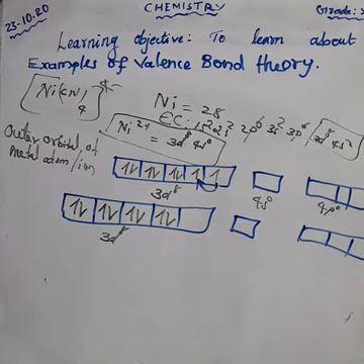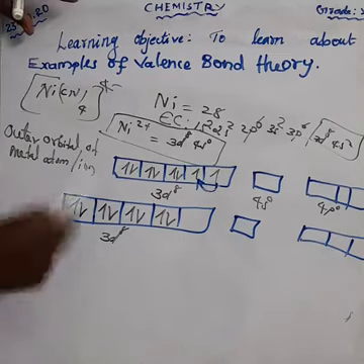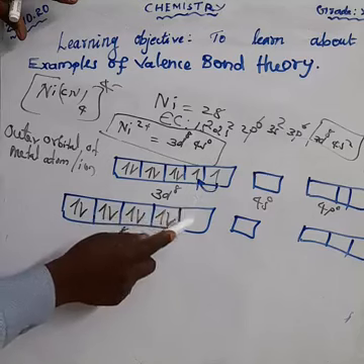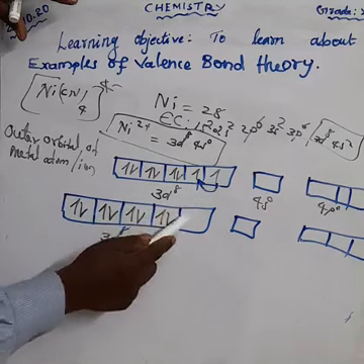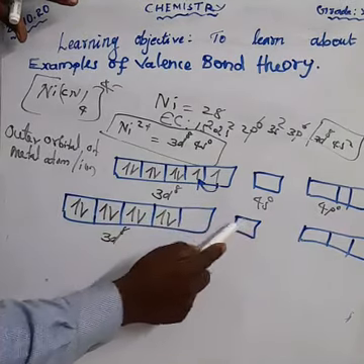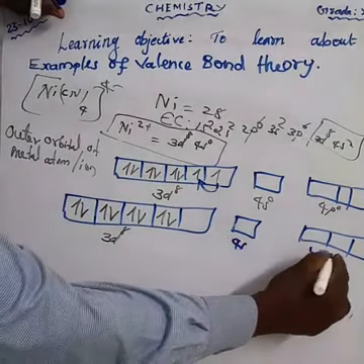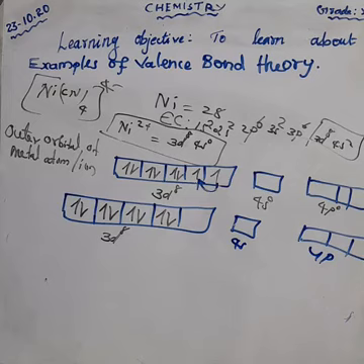Only cyano groups cause maximum pairing. From the d subshell we have the vacancy, so hybridization starts from here. d has 1 vacancy. Next the 4s, next the 4p. So next we should write the hybridized orbitals of the metal atom.